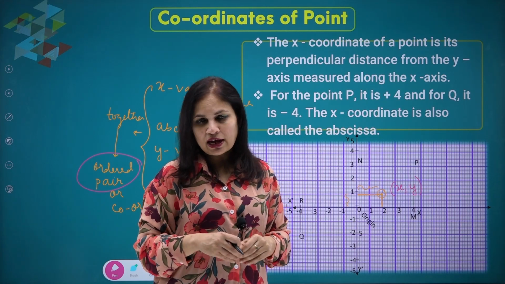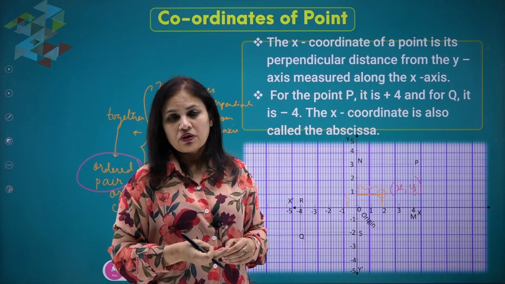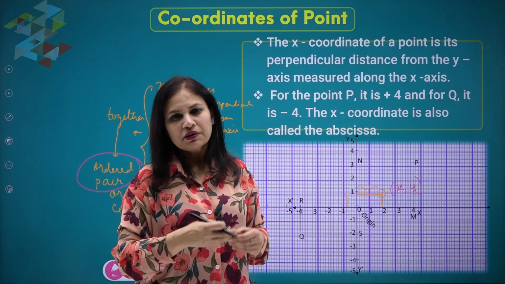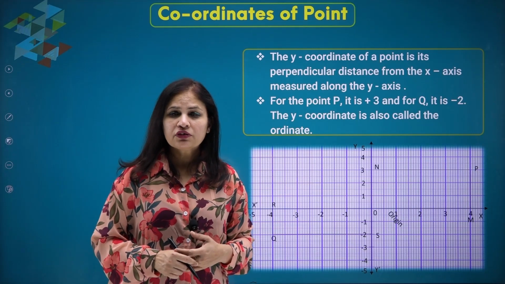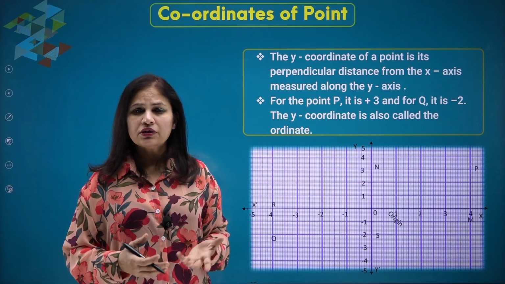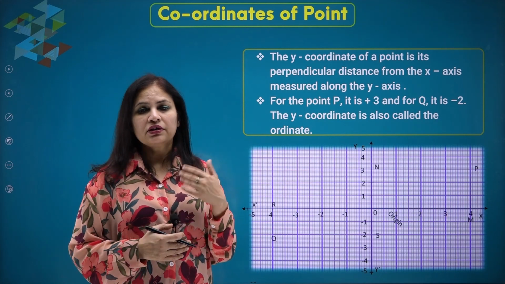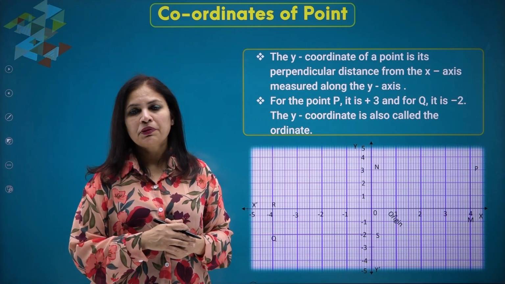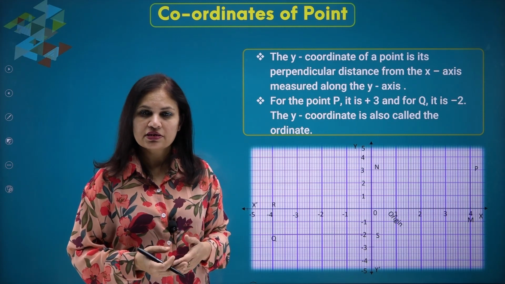This is not actually a logical reason, but by convention we follow this. So let's recap. The y coordinate of a point is the perpendicular distance from the x-axis measured along the y-axis, and the x coordinate is the perpendicular distance from the y-axis measured along the x-axis.